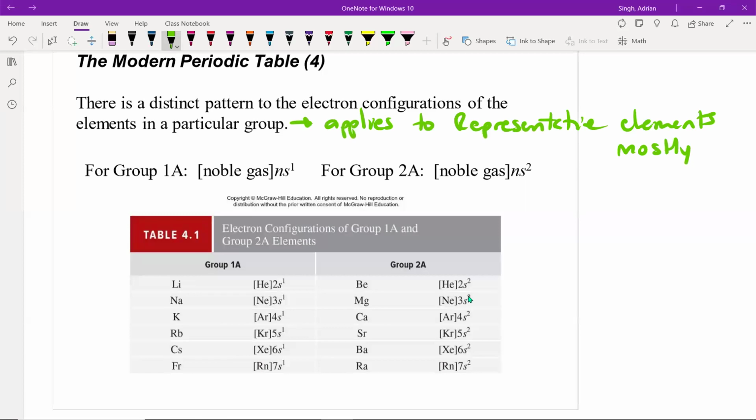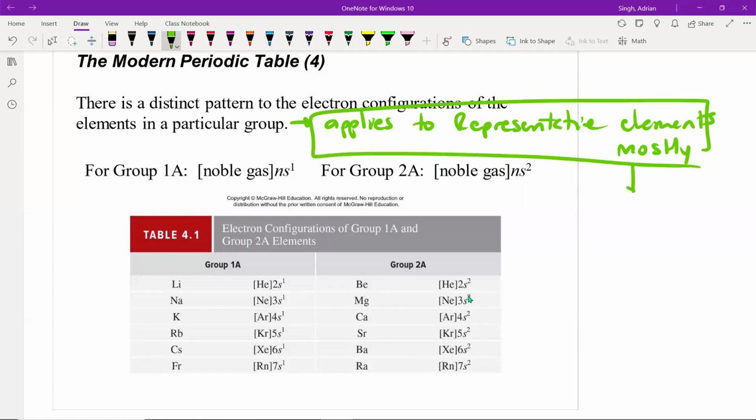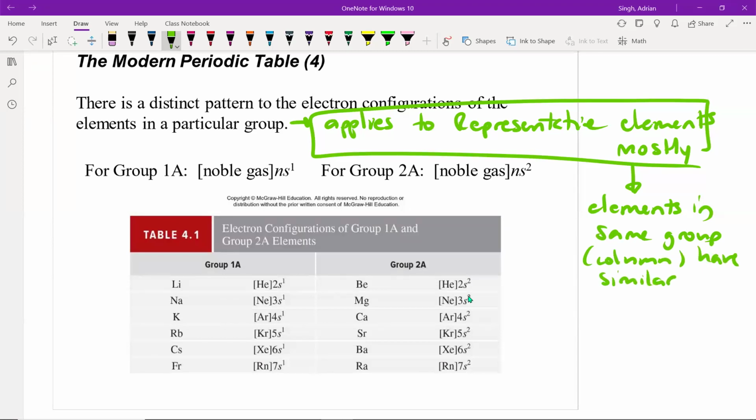the elements that belong to the same group of the representative elements have similar electron configurations. Elements in the same group, and again, the group is the column, have similar valence electron configurations.